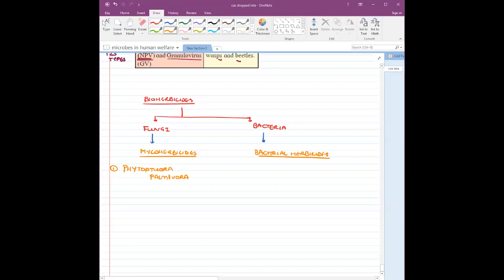This is the favorite one. Now how is this going to act as a mycoherbicide? This Phytophthora palmivora is going to control milkweed. Milkweed is basically a small plant found in different kinds of orchards.